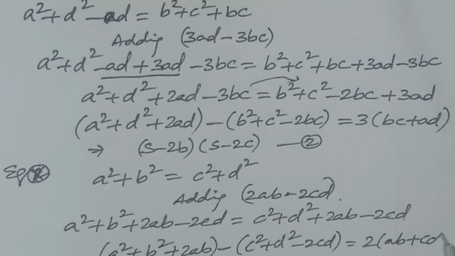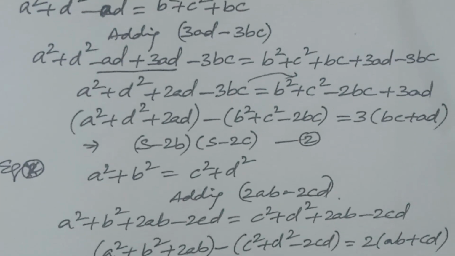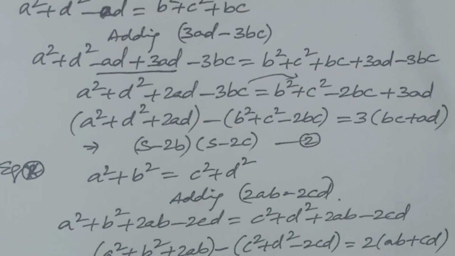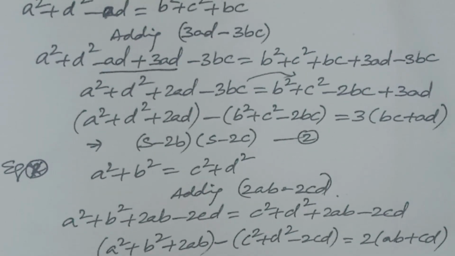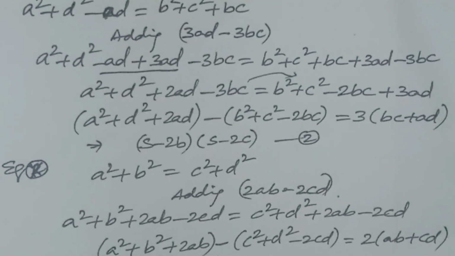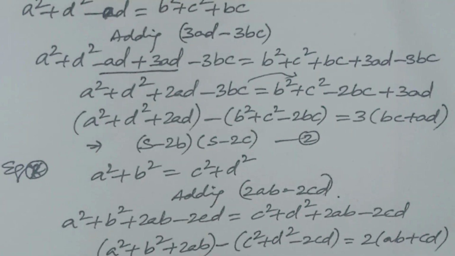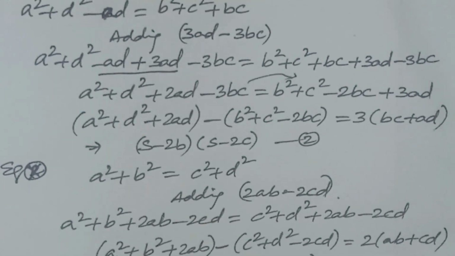So this value can be written as S minus 2C into S minus 2D. Let it be 3.